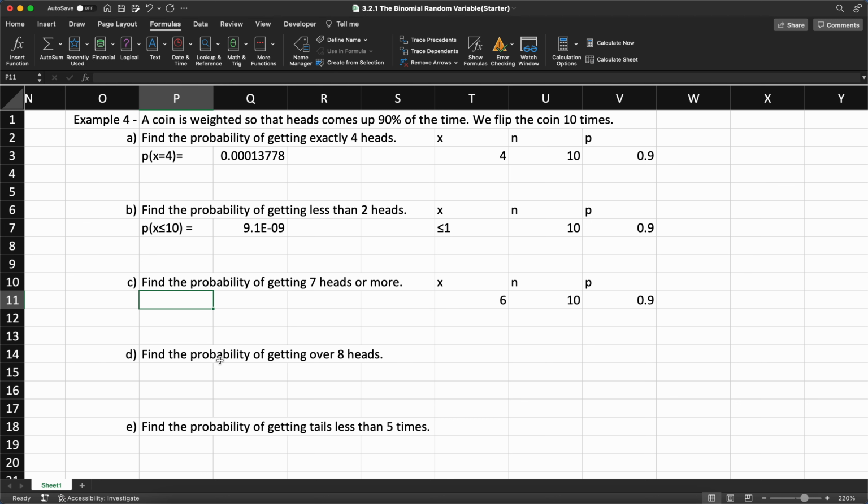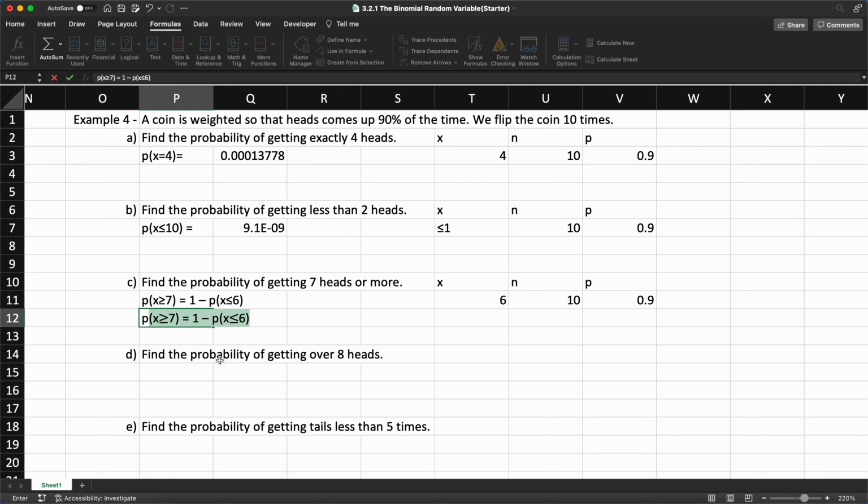So what I'm doing here is I'm trying to calculate the probability of getting greater than or equal to 7. So that's the same thing as 1 minus the probability of getting less than or equal to 6.